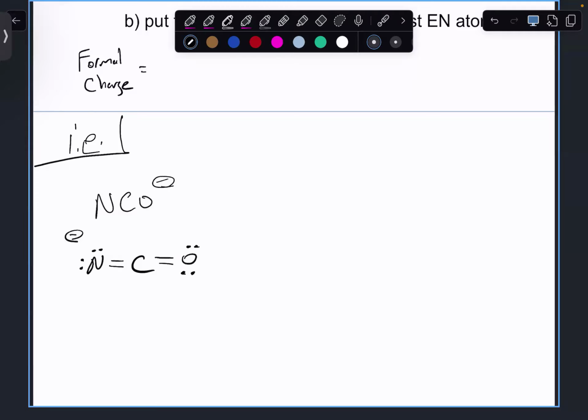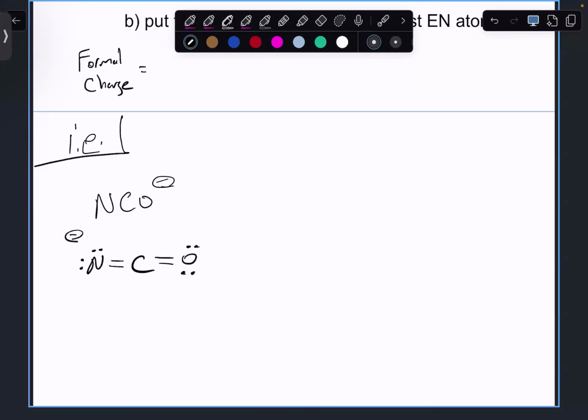Yeah, because it's making 4 bonds, and all carbons should have 4 bonds. That tells us that's a 0 formal charge. The point I'm making is if you know what your normal valences are, it can save you a lot of time. I can just look at that and say, oh, that's carbon in its normal valence state. That's a 0 formal charge. I don't have to go through that calculation.